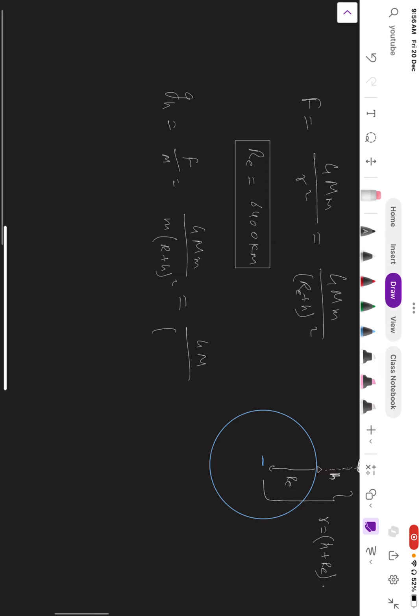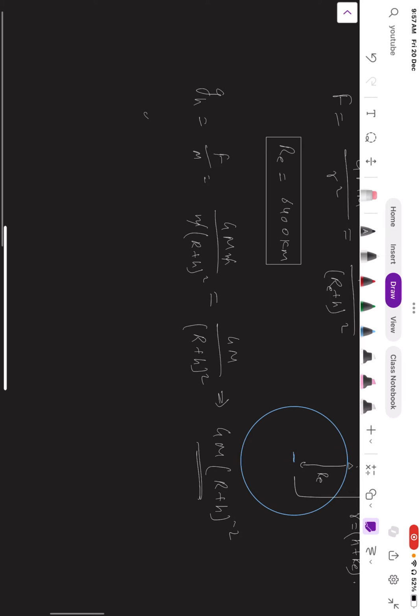The m cancels out, so we can write G M into (R plus h) to the power minus 2. Now this is the binomial expression form.